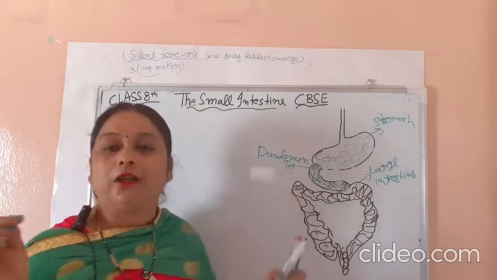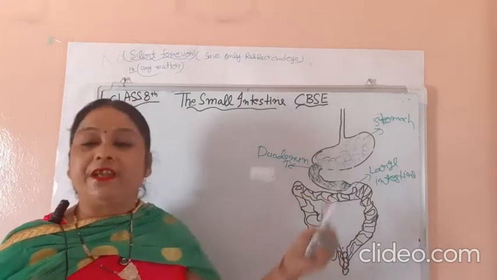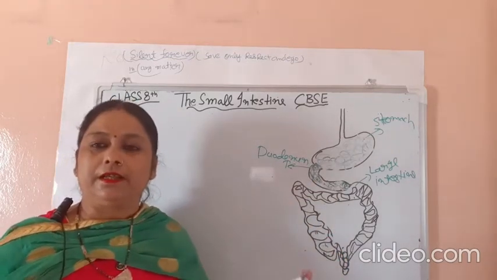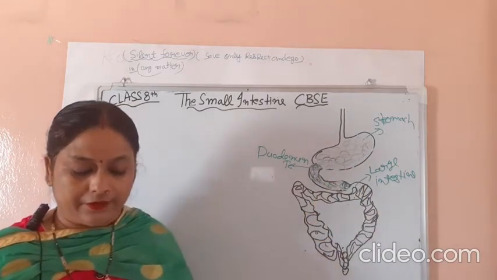Label this duodenum. This is the first part of the small intestine, called the duodenum. So the location of the small intestine: the small intestine lies between the stomach and the large intestine. And firstly draw here.